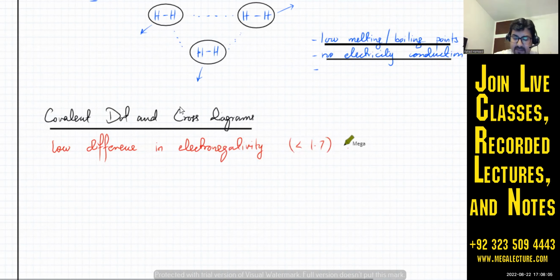But generally speaking, very generally speaking, actually, group 7 is going to make one bond. Group 6 is normally going to make two bonds.